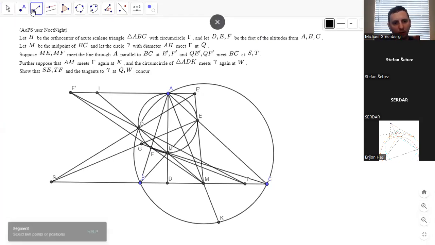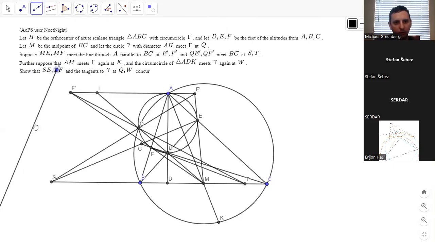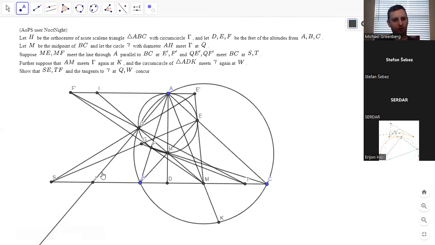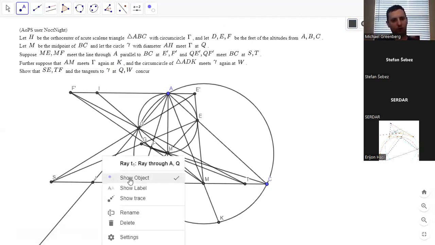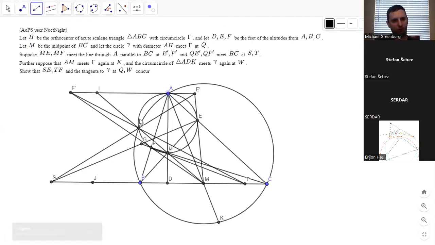Okay. AQ with BC. Sorry. Can you draw JG?